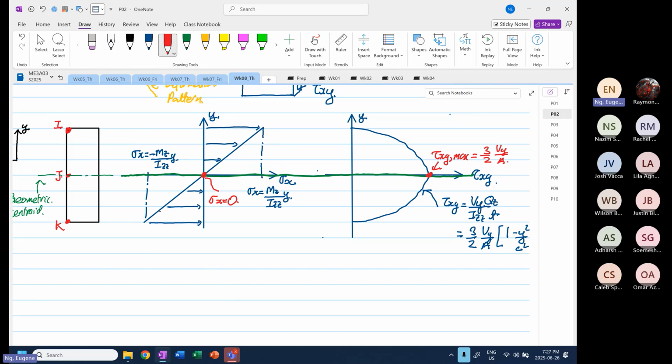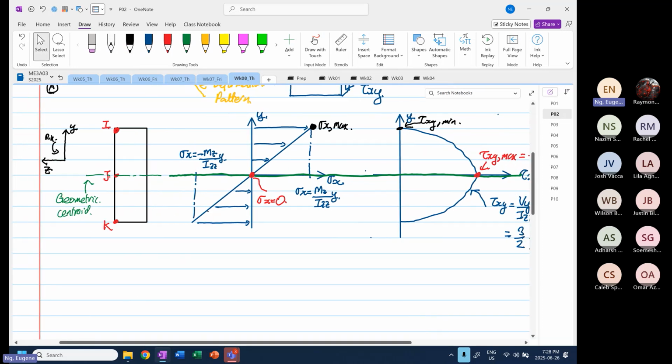Once we are off the centroid, if you look at this point, we are going to have our normal stress at its max. However, over here, our shear xy is at the minimum, which is equal to 0. So the distribution trend across the cross-sectional area is not the same. I don't want you to worry about that yet.